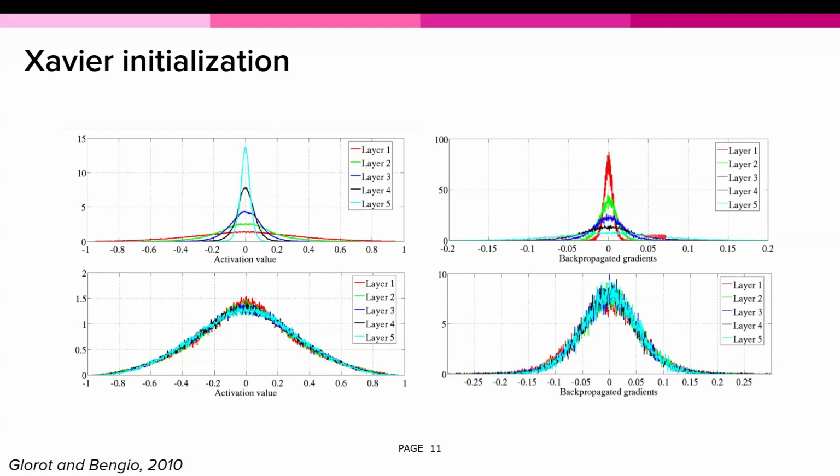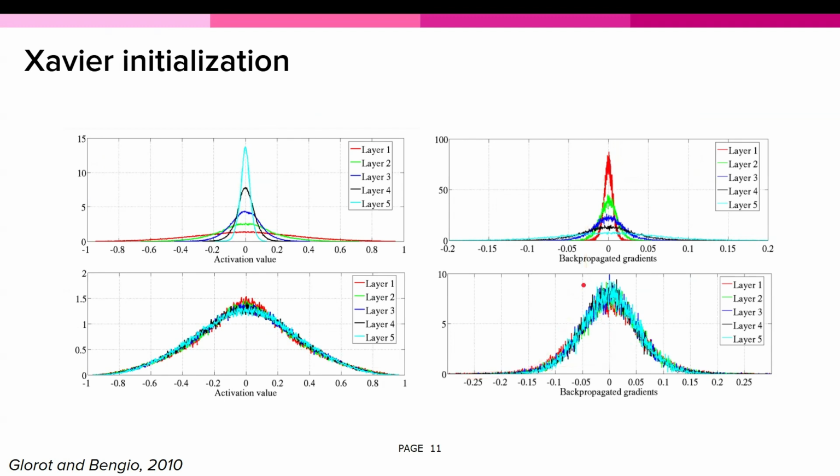At the output we have a very wide distribution of gradients, with large negative gradients and large positive gradients, not too many around zero. But as we back propagate these gradients from the output back to the input, they get more concentrated around zero. So they're getting smaller and smaller on the whole.